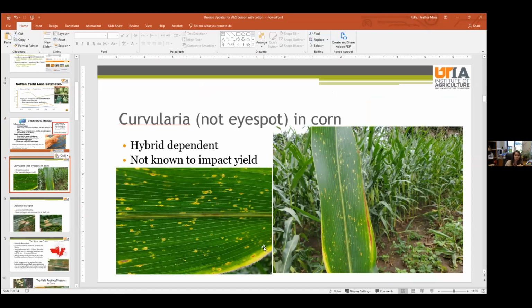There's also some physiological leaf spot, that no pathogen has been associated with, that can look very similar to this. Right now, curvularia is not known to impact yields. You might get a response in cleaner leaves with a fungicide, but it's not recommended that you put out a fungicide application if you're only seeing curvularia.